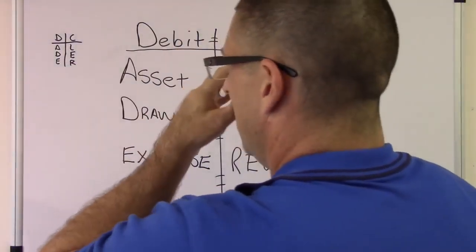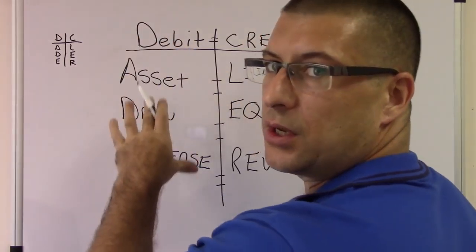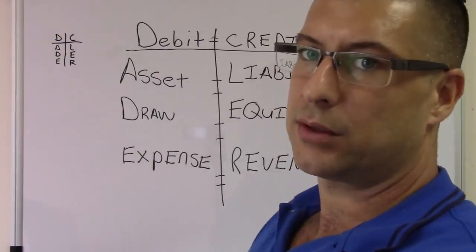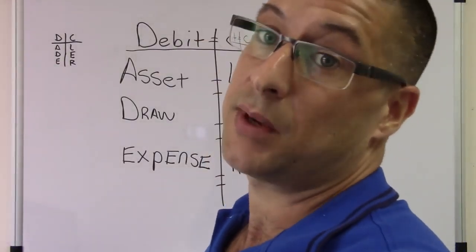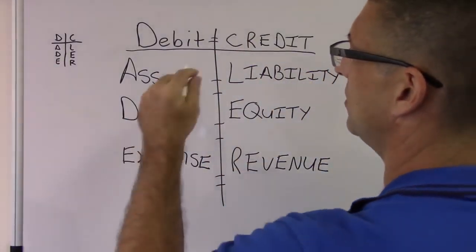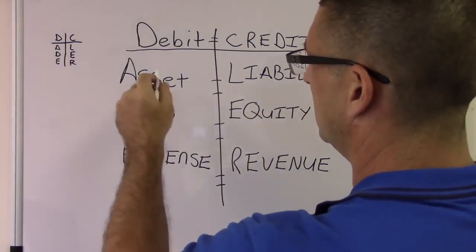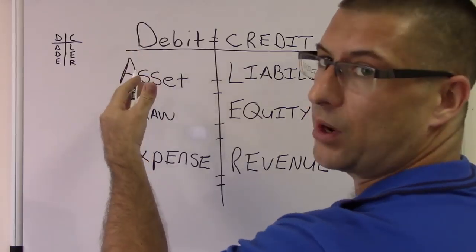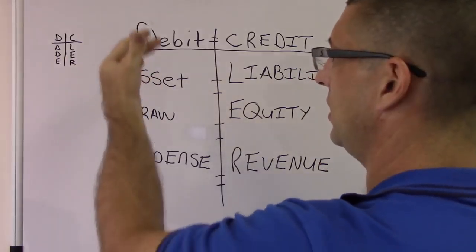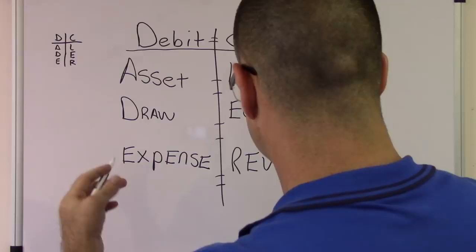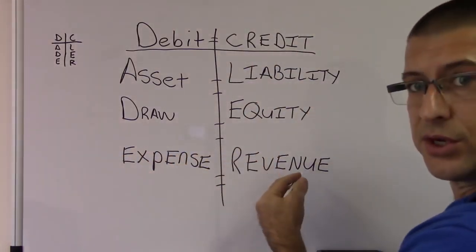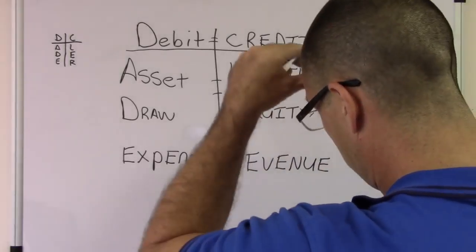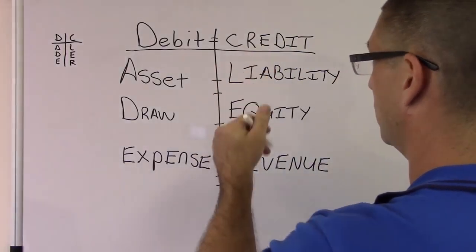Now, one's not good and one's not bad. See, I got confused for, I'll be honest, about 2 years of my accounting career, because I thought asset is good, right? So I thought, okay, debit's good. But then revenue's good, income and money's good, so I thought credit's good.